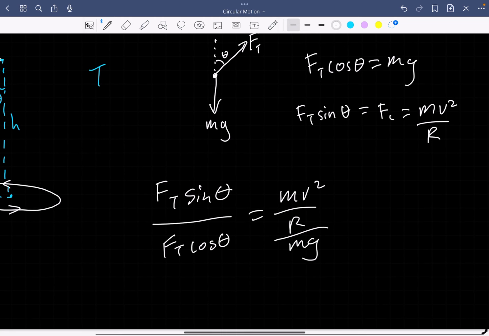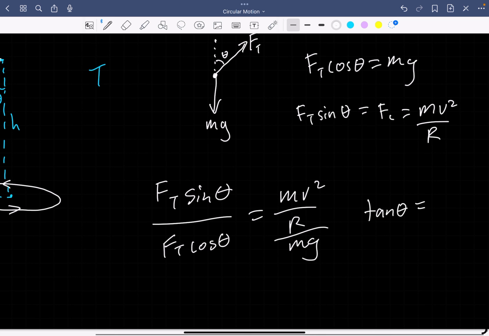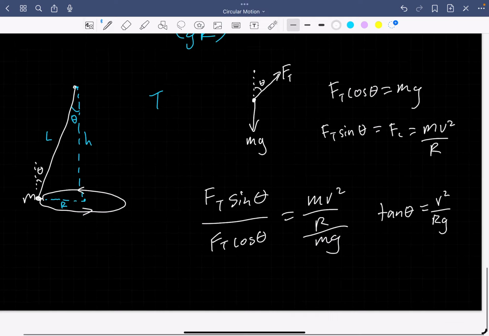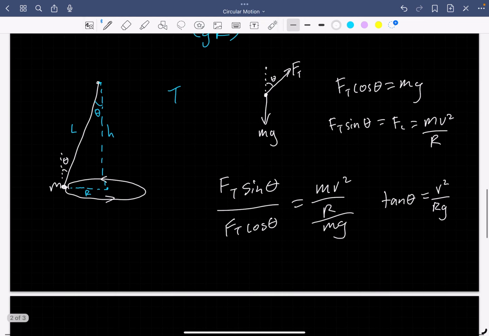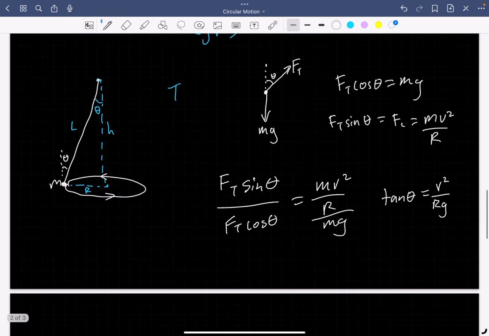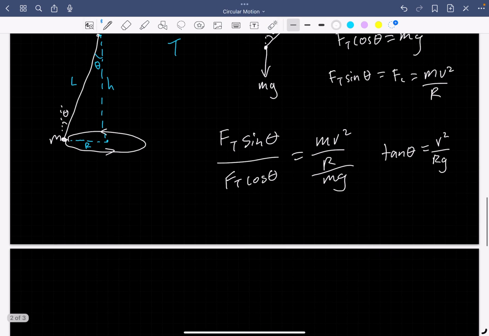And that gives us a similar result as above: tan theta is equal to v squared over rg. Except in this case, we're not trying to find the angle or the velocity. We are trying to find the amount of time it takes to complete a full rotation.